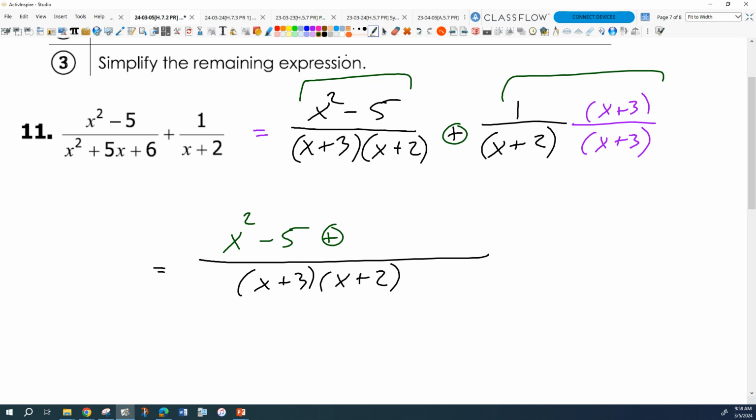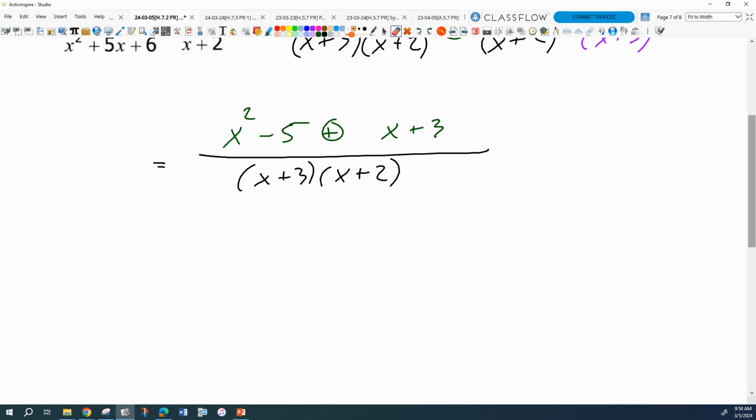Now, technically, I probably need to have the parentheses, but because I'm adding, they don't really do anything. Even though I'm adding this whole quantity, x plus 3, we could just turn right around and drop those parentheses. We don't need them. If we were subtracting, we'd have to have them, because then I have to distribute the negative sign. But when we're adding, we're really just adding polynomials in the top, adding like terms. You don't need parentheses when you're adding polynomials, only when you're subtracting.